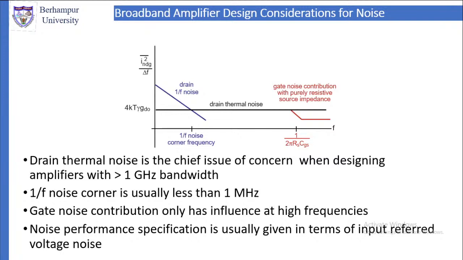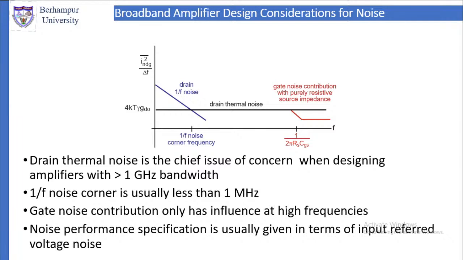We also have seen that at the 1/f noise corner frequency, the drain 1/f noise is equal to 4kTγ gd0, and the line 4kTγ gd0 is the drain thermal noise.